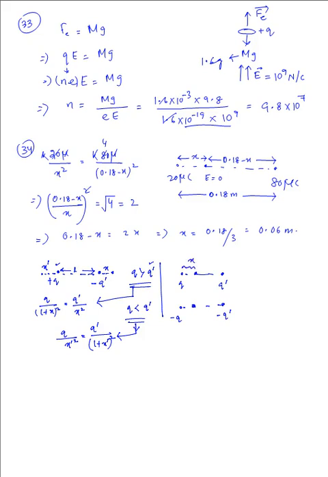Let's take this distance as x, or this distance as x prime, and the total length between the two charges, the distance of separation, as L. So in each of those cases, you have k q over x squared equal to k q prime over L minus x whole squared. For this case, you are going to have q over x prime squared. And remember, the distance here, it is immaterial whether the charge has a lesser or greater value, because you are going to end up at the correct place.